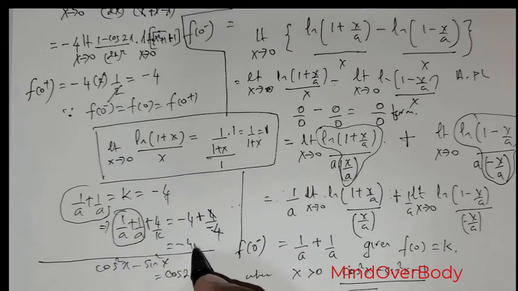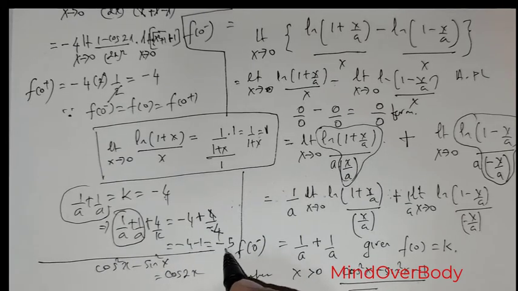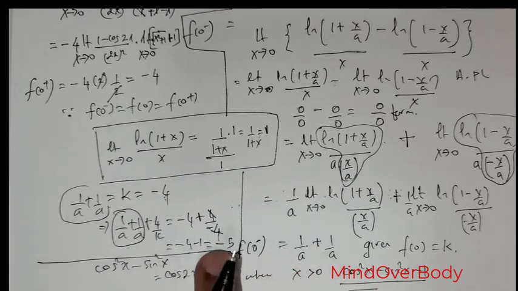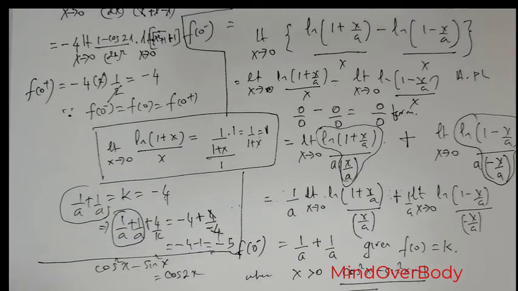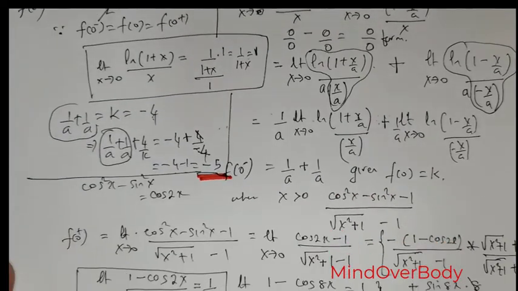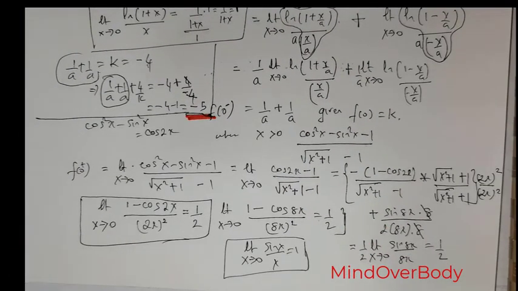You get negative 4, minus 1, you get negative 5. So that is the solution for this question, negative 5. So that's the right place to draw this underline. Students, I hope you understood this question. Such questions look complicated, but you can simplify them and solve them in the fashion shown.